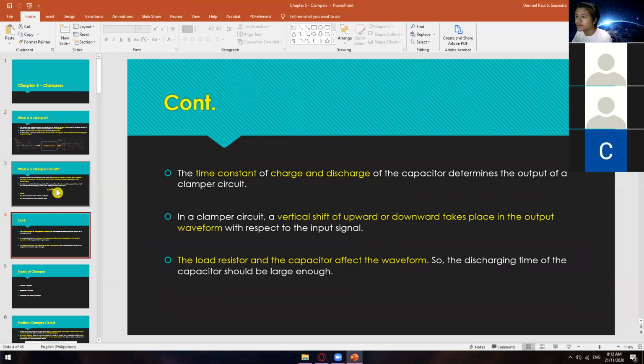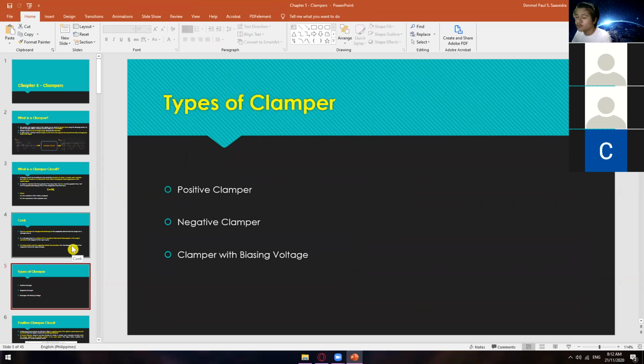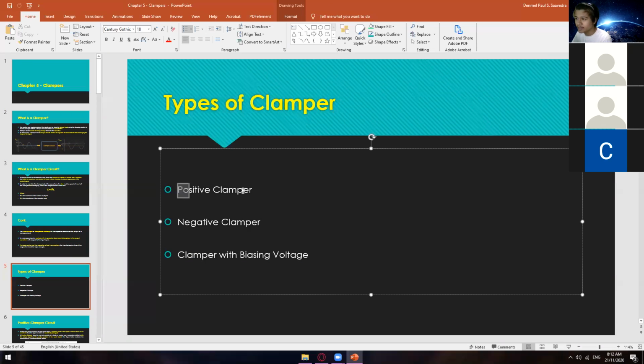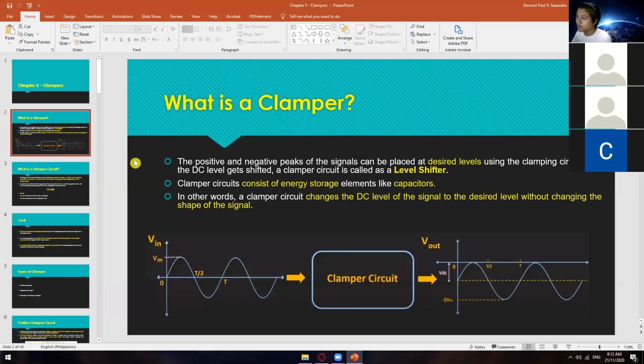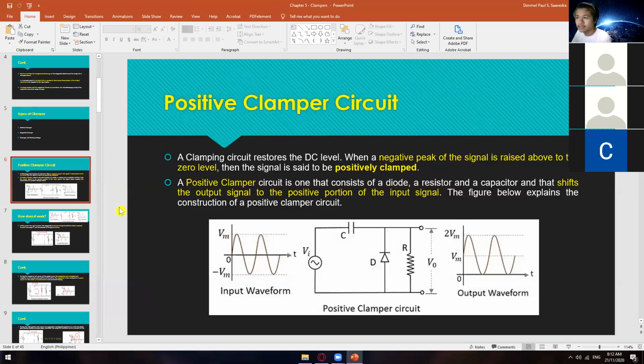So what else? We have three types of clamper: the positive clamper, the negative clamper, and the clamper with biasing voltage. When we say positive clamper, it is like this. As you can see right here, we have a voltage input going from positive to negative, negative to positive, and so on and so forth.